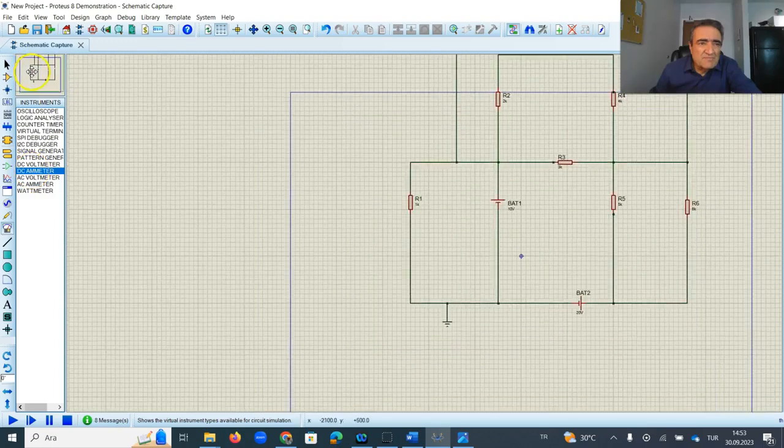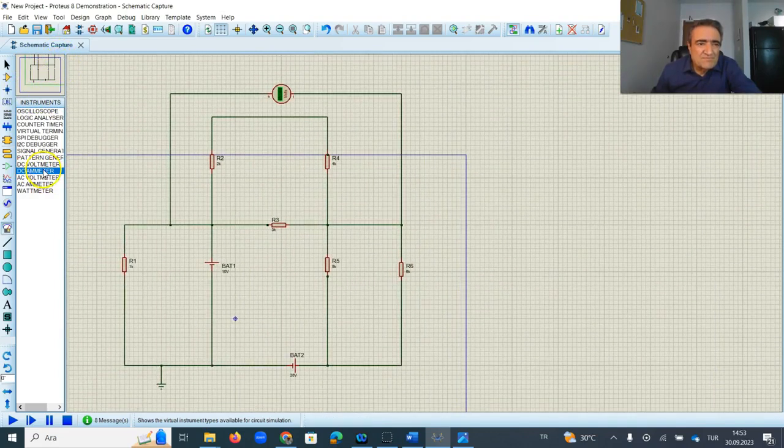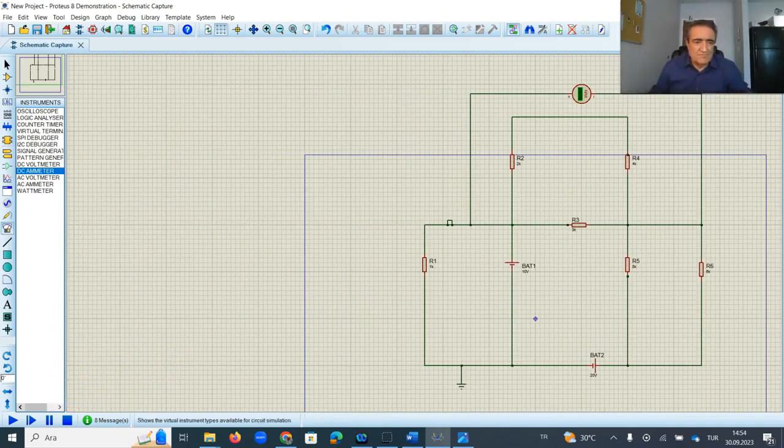This is the ammeter. An ammeter should be connected directly online. I have to enlarge it. We are selecting the ammeter here, and click anywhere. You can drag it later. Okay, this is our ammeter, and bring it to here. Click on it. Okay, we connected it.